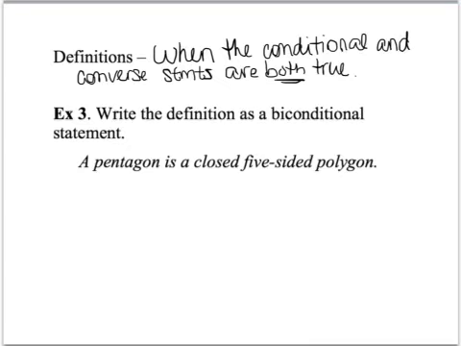Example 3, we're going to write this definition as a biconditional statement. A pentagon is a closed 5-sided figure. That's a definition of a pentagon. So how do I break it up? You have to think, what is a conditional statement for this, and what would the converse be? Here's just one example. A polygon is a pentagon.